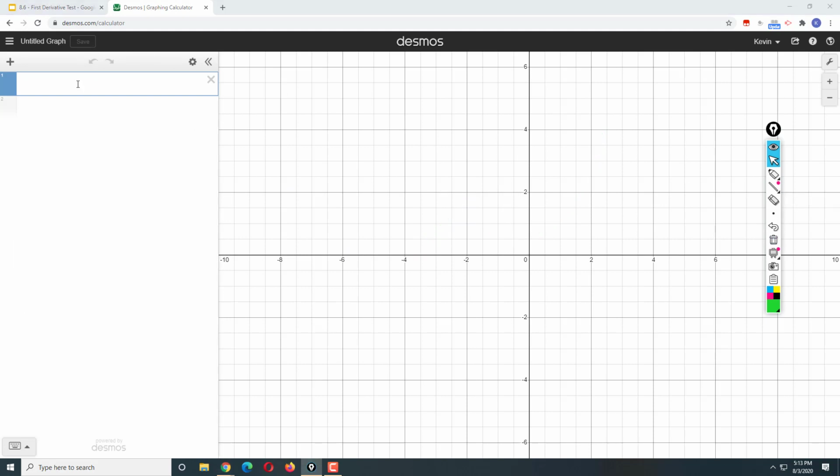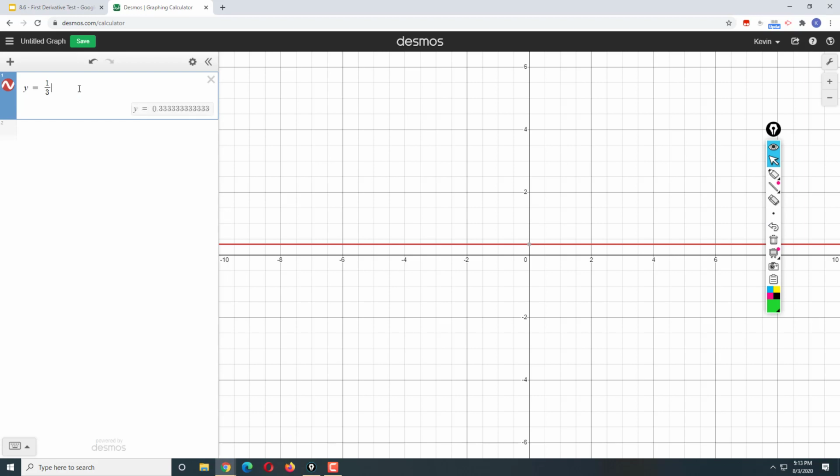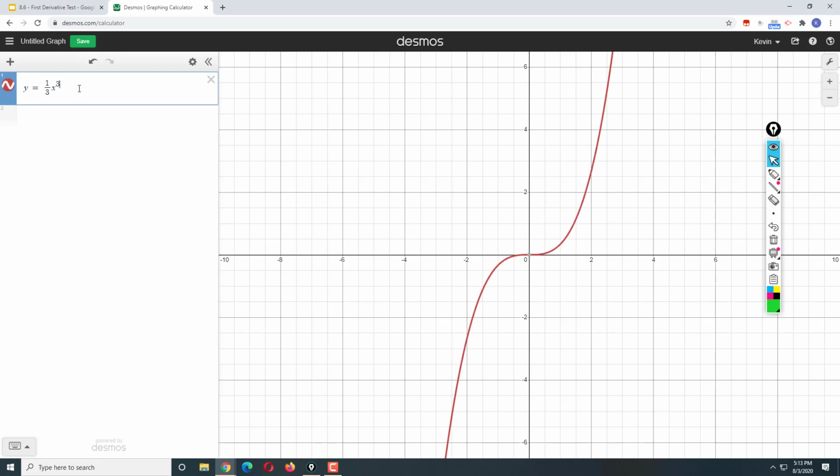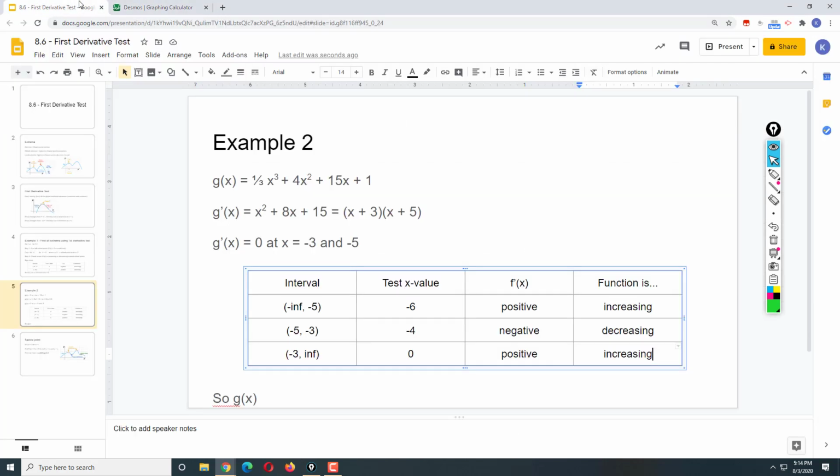So y equals 1/3 x cubed plus 4x squared plus 15x plus 1. Okay.